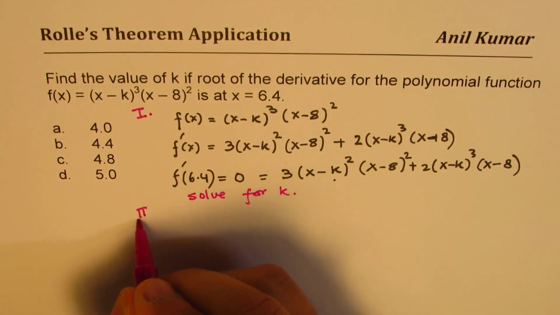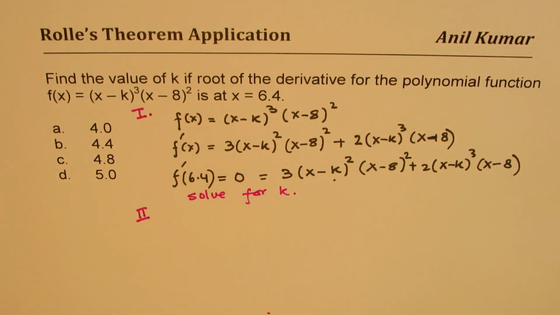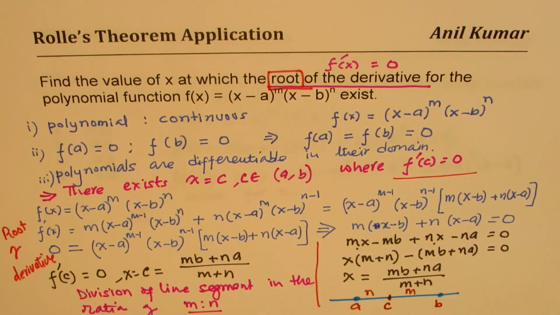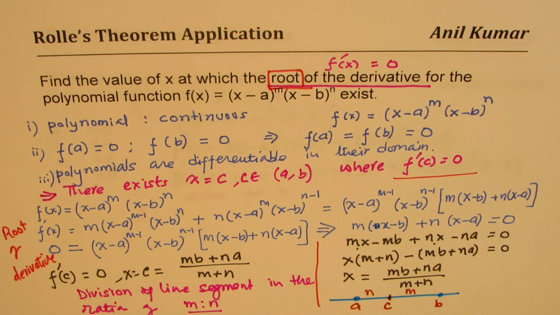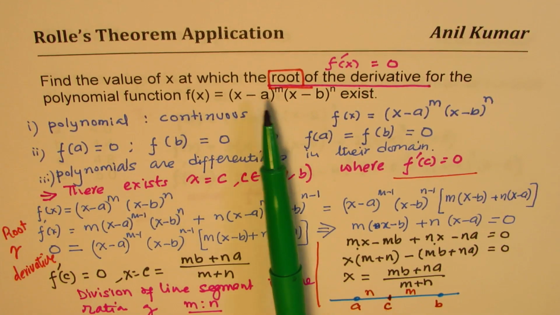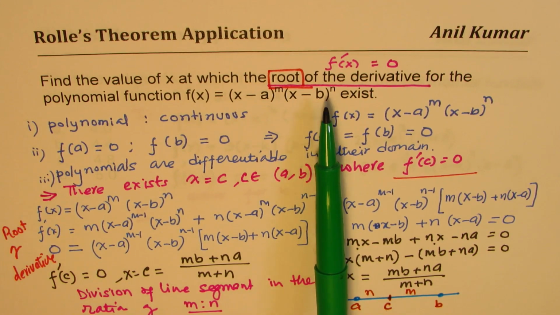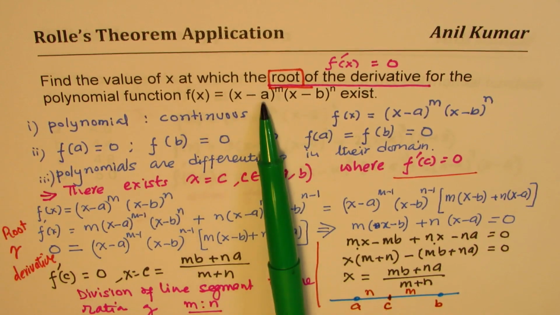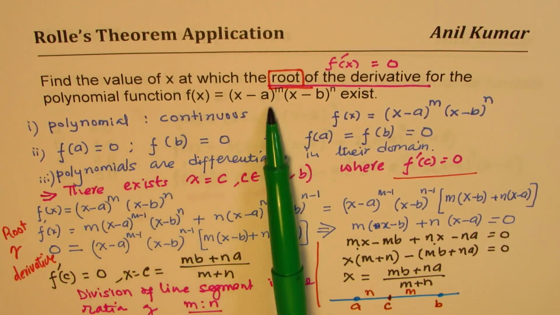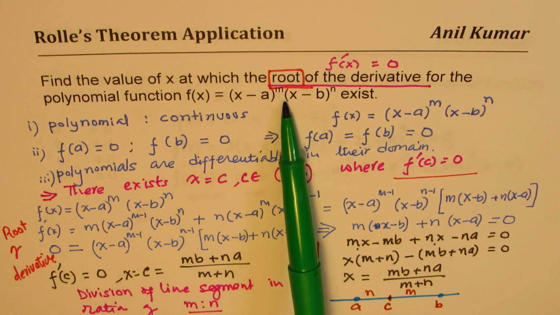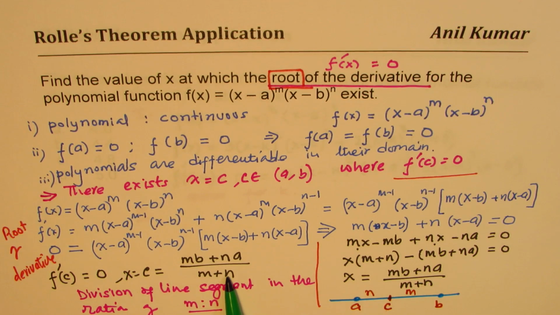Now method number 2 is what we learned in the Rolle's theorem. One of the related questions I want to share with you now is this one, right? What we did was that we took a general equation where f of x was (x minus a) to the power of m times (x minus b) to the power of n, and we say that for this particular function, it's a polynomial function, value at a and b is 0, therefore a root exists in between for the derivative, and we derive the formula, which is right there.